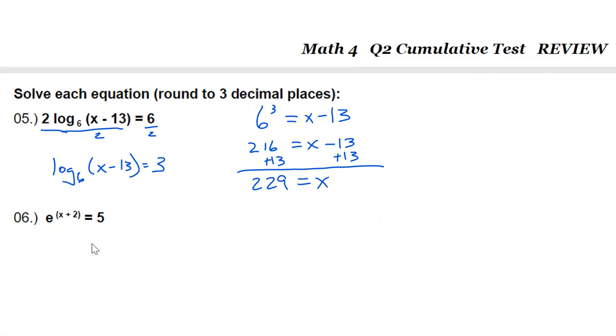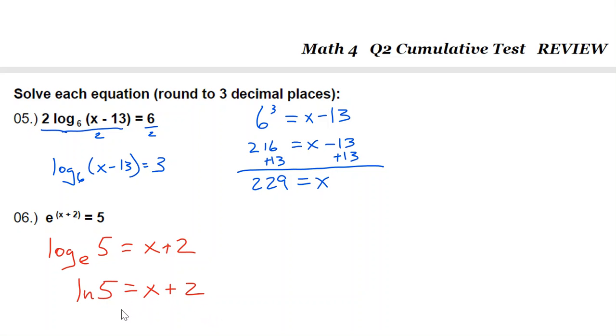Over here, we can take the log of both sides. Actually, let's just rewrite it as a logarithm. Log base e of 5, and the exponent goes over there. Log base e is basically natural log.